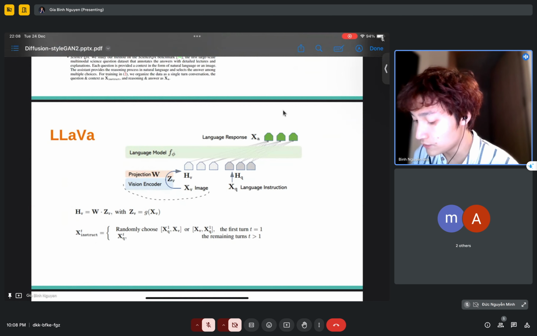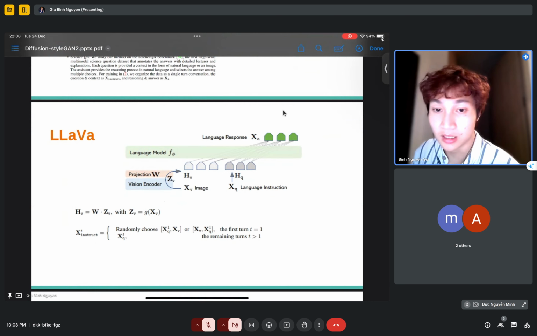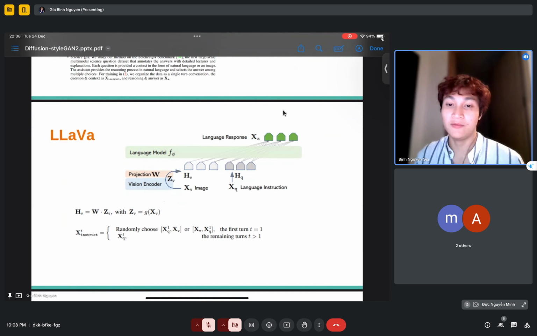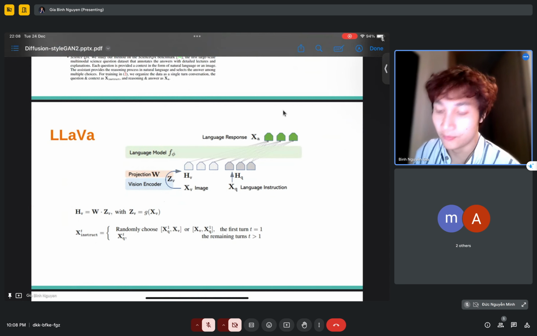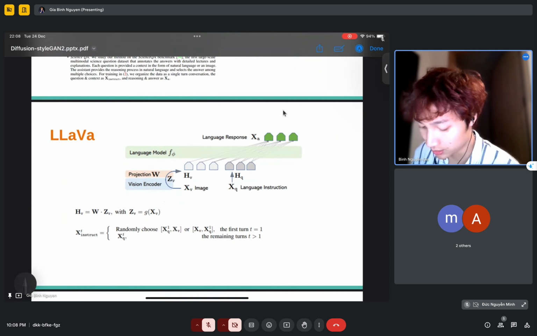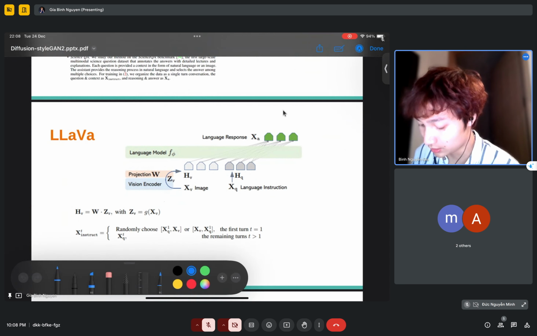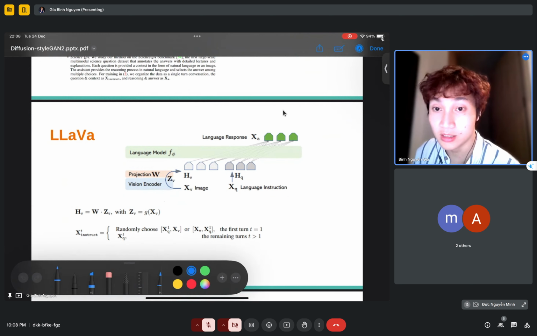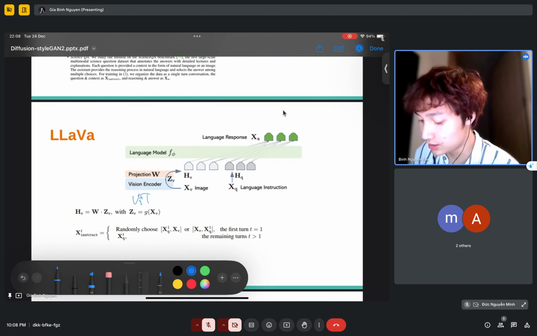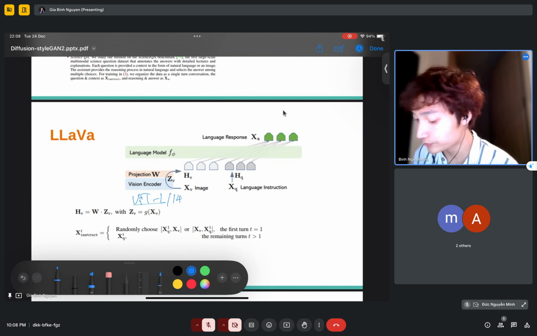The vision encoder receives an image as input. LLaVA uses the CLIP visual encoder, which here is ViT-L, the vision transformer large, and here is the checkpoint.